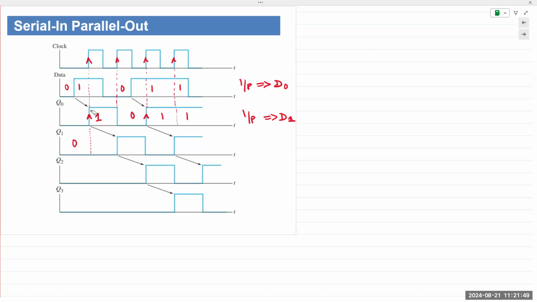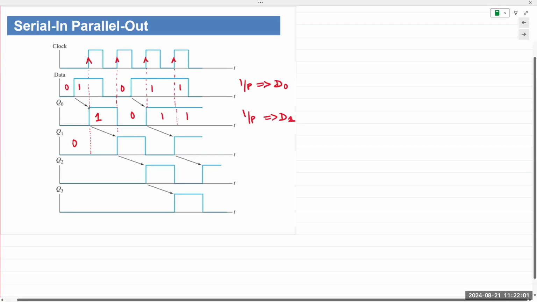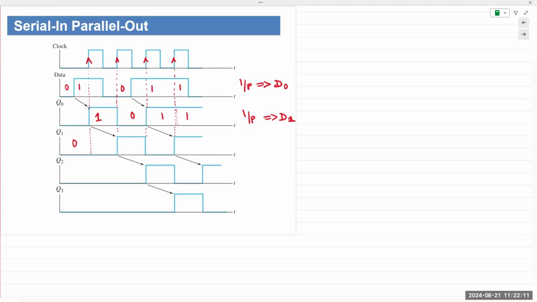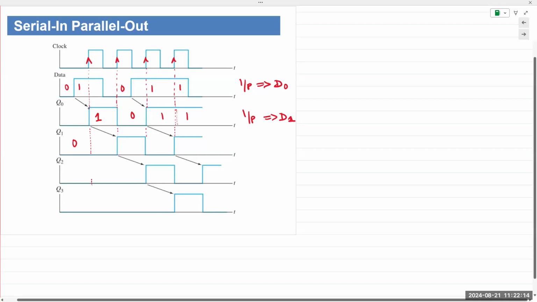Sorry, that's incorrect. This is not the counter. This is the shift register. So the edge transition still remains the same. It's supposed to change values, transition, at this point and at this point. Okay. All right.